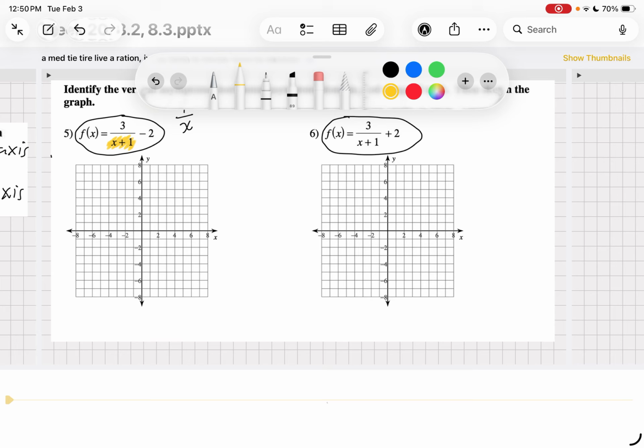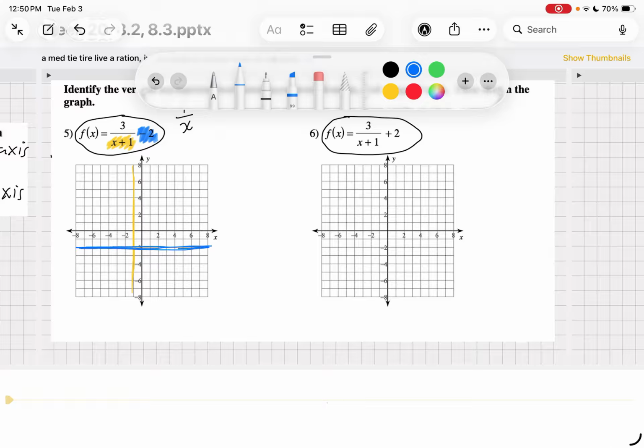So I'm going to draw that on my graph. That means that this is now an asymptote. Remember, it moves in the opposite direction. Okay? And then likewise, my outside transformation, the -2, is going to shift the whole function down 2. So that means I now have a horizontal asymptote at -2.